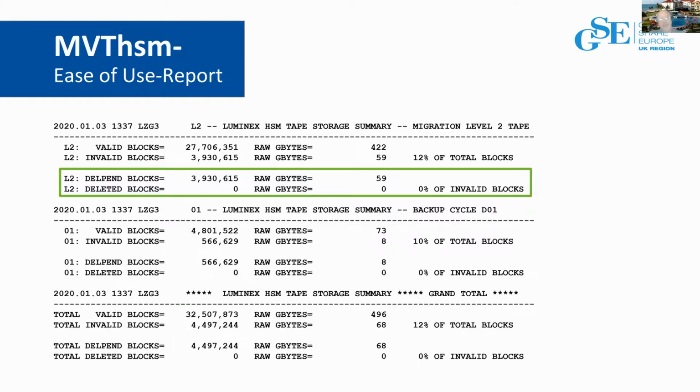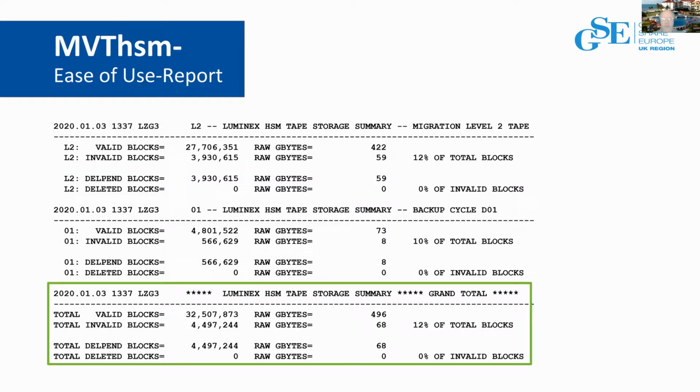But then you would know how much you could save in your tape pool and on those container data sets by running this process off-host. So you can go down with both your level 2 and your backups and say, if I were to do this in its entirety, this is how big my storage pool is currently, this is how much I could return, and decide if this is a process you want to have run in your environment without using mainframe CPU, without using mainframe IO, just running on the appliance itself.